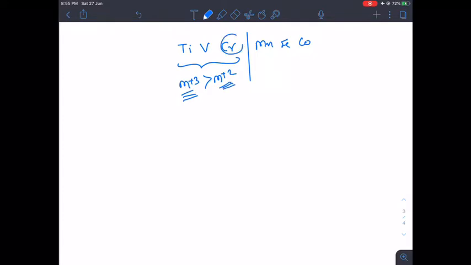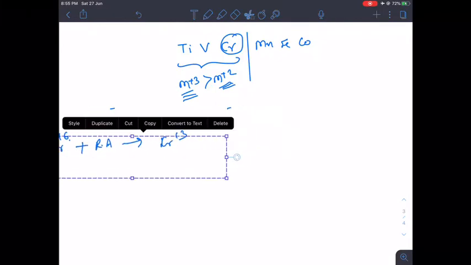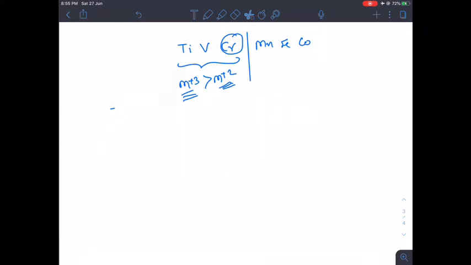You might have heard about chromium, that chromium from plus 6 state, generally when taken with any reducing agent, prefers the chromium plus 3 state. With that logic you can remember that plus 3 is more stable than plus 4. Now coming to the right hand side, for these three their plus 2 state is more stable than plus 3.